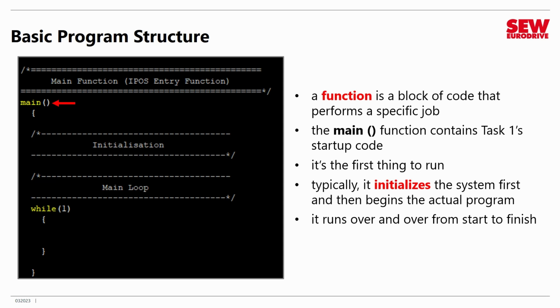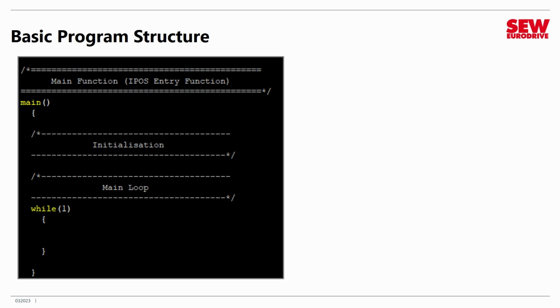We'll show you how we get around that problem in just a minute. But before we do that, I want to point something else out. Notice that it encloses all its code in a pair of curly braces, and I've highlighted those there with red arrows. You can see that those enclose all of main's code. So curly braces, very, very common in an IPOS program.